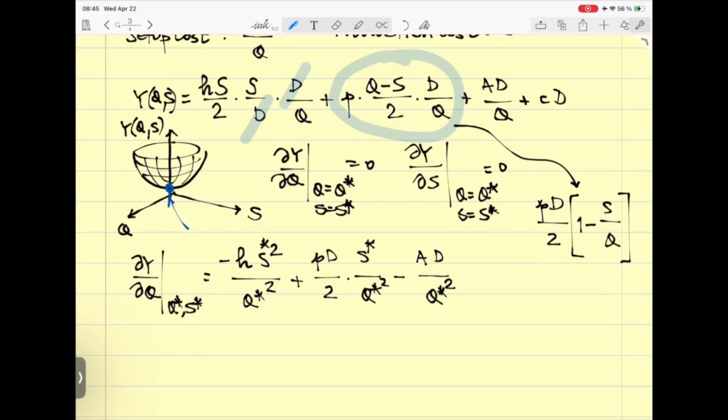And the second derivative, this needs to be equal to 0. The second derivative of epsilon at Q star and S star equals 2 times h S star divided by 2 times Q, 2 goes with 2.